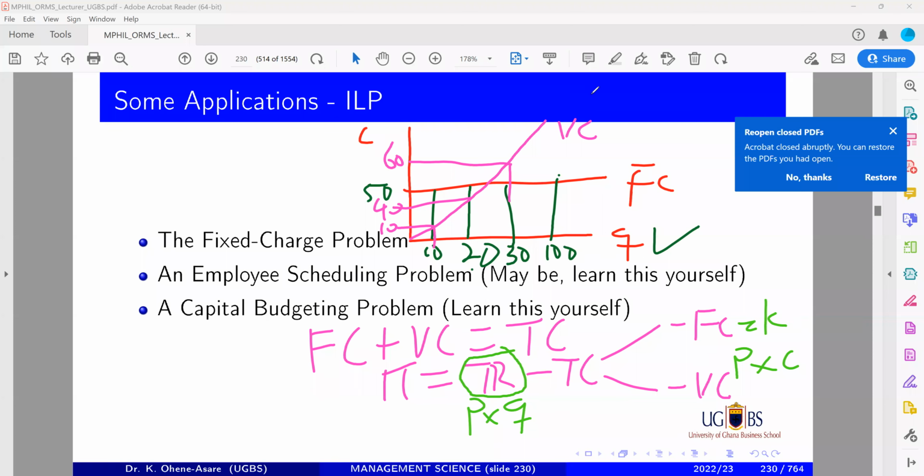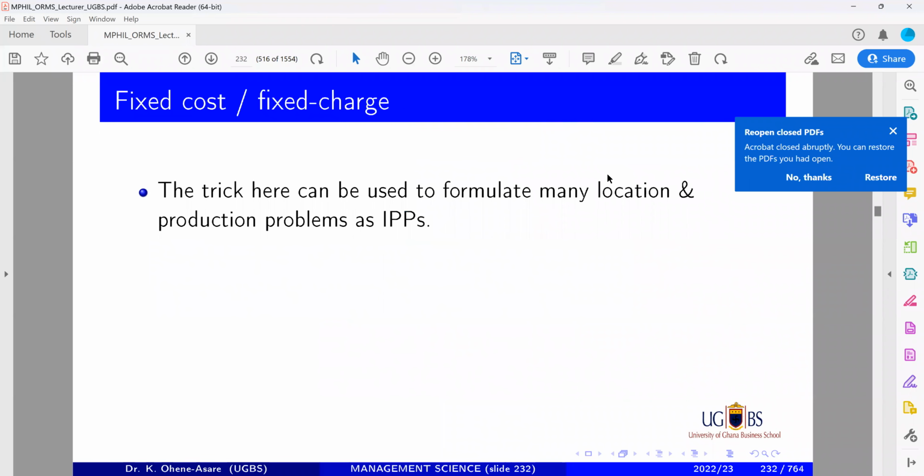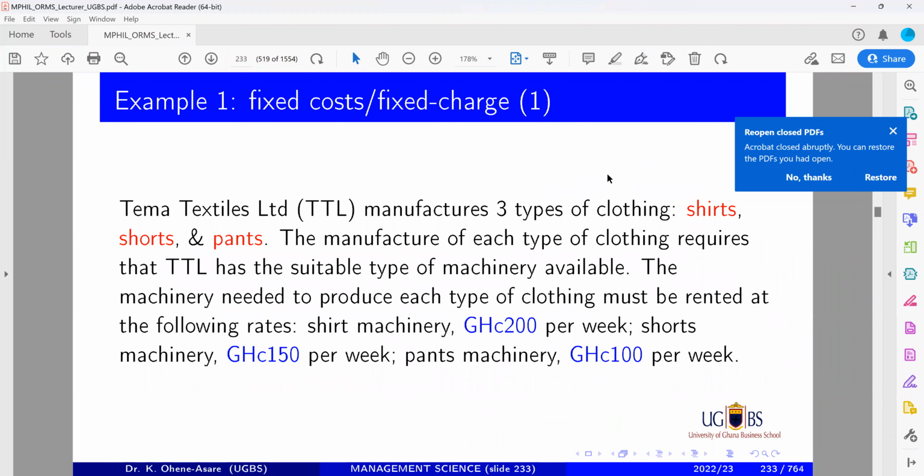And I'll take all of these total costs from the revenue and that will give me my profit. Let's bring this principle into our fixed charge. And the best way to explain this fixed charge is taking a real life example. Okay. Now, let's take this.